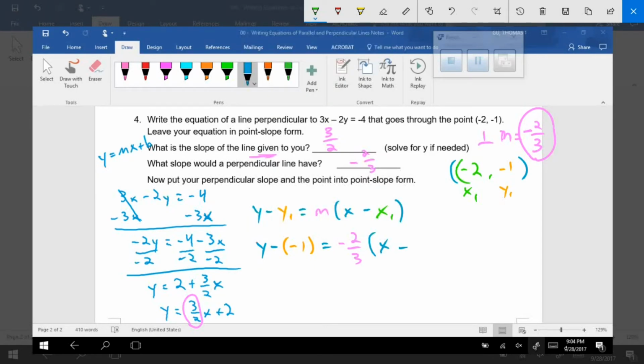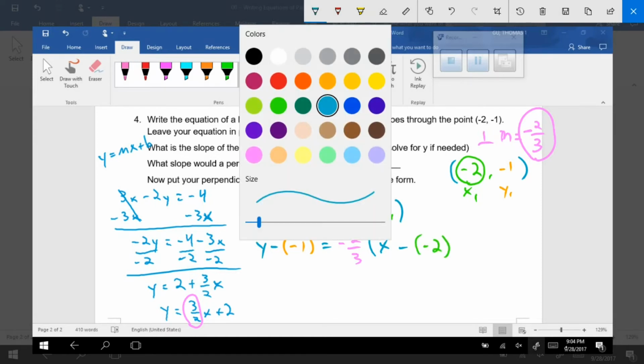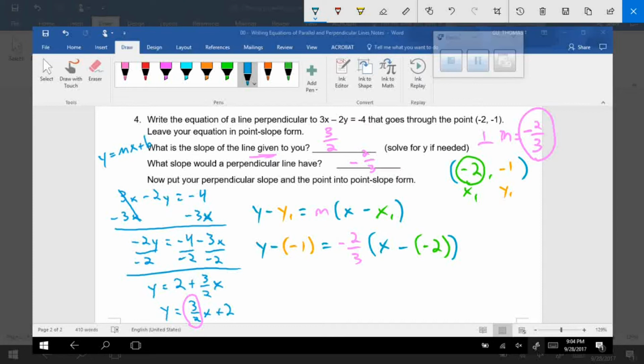Right here, minus -2. And so we're going to cancel out the negative sign. So y minus the -1 is y plus 1 equals -2 over 3 times x minus a -2 is the same thing as plus 2. And so that is our final answer. y plus 1 equals -2 over 3 times x plus 2.